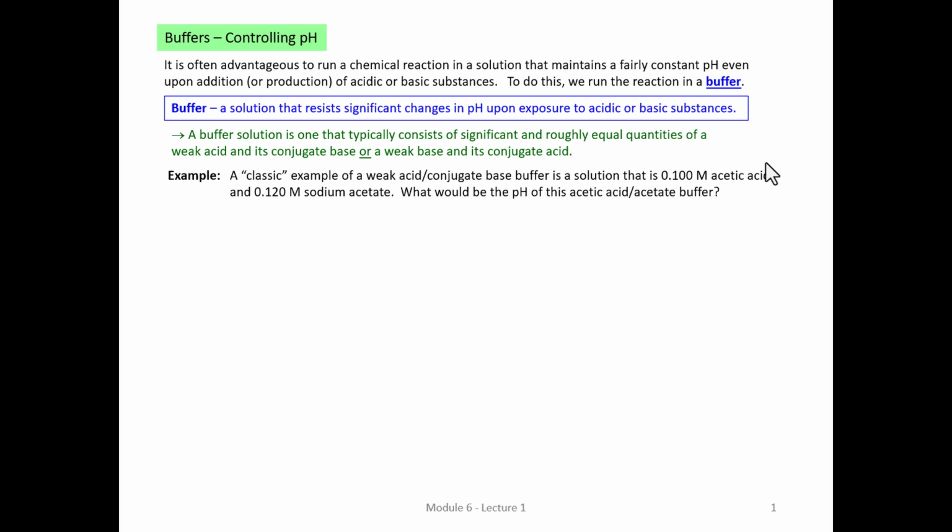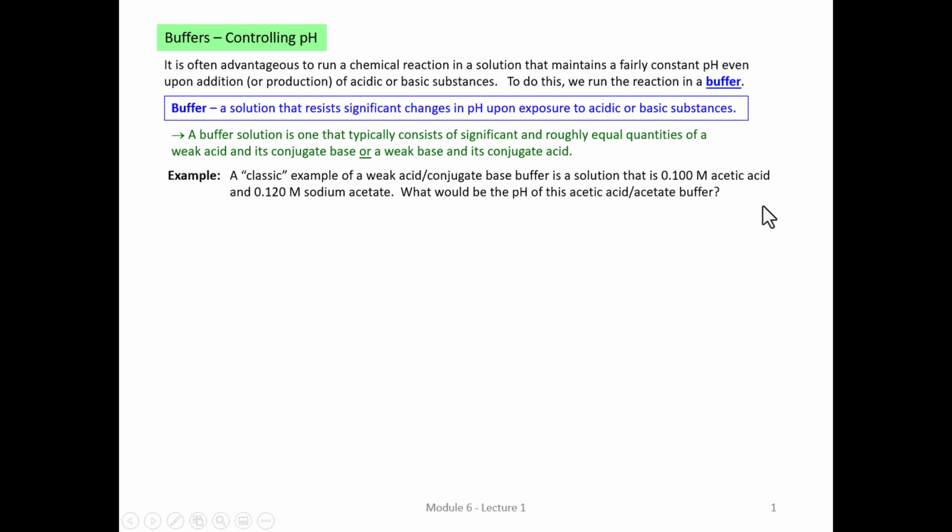So in this particular example, we want to calculate the pH of a buffer that's made up of a weak acid and its conjugate base, where the weak acid is acetic acid present at 0.1 molar concentration, and the conjugate base is acetate that's introduced by making the solution also 0.120 molar in sodium acetate.